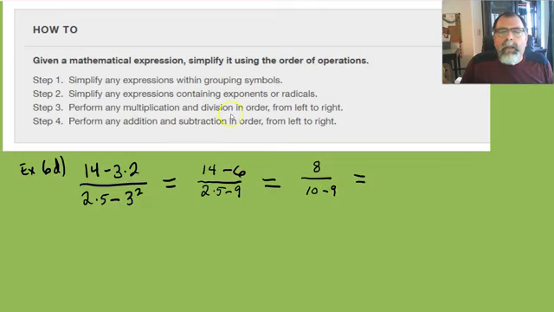Then add, subtract from left to right. So 8 over, leave everything else the same. 10 minus 9 is 1. Now we did the numerator, we did the denominator. Now we're going to divide these two numbers. So 8 divided by 1 is simply 8. That's our final answer.